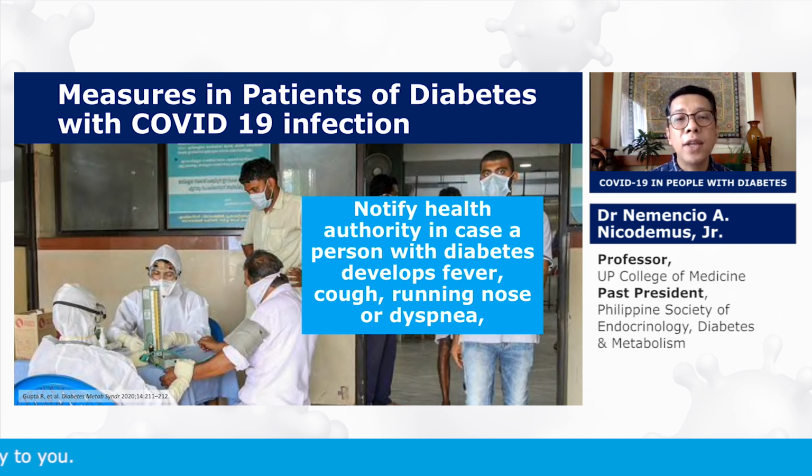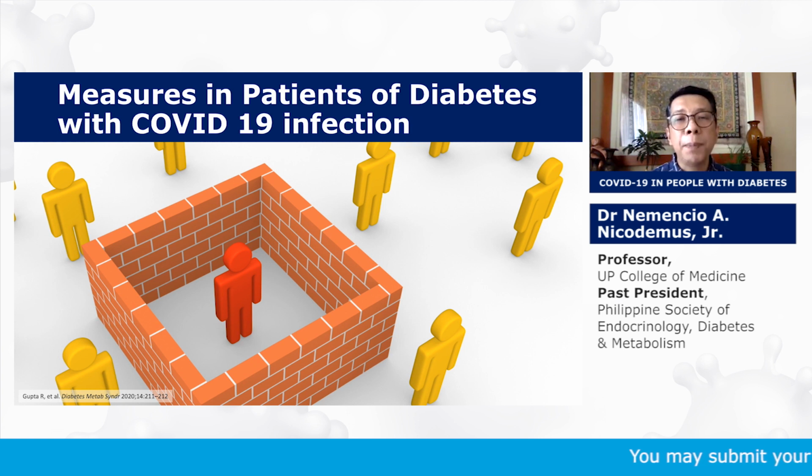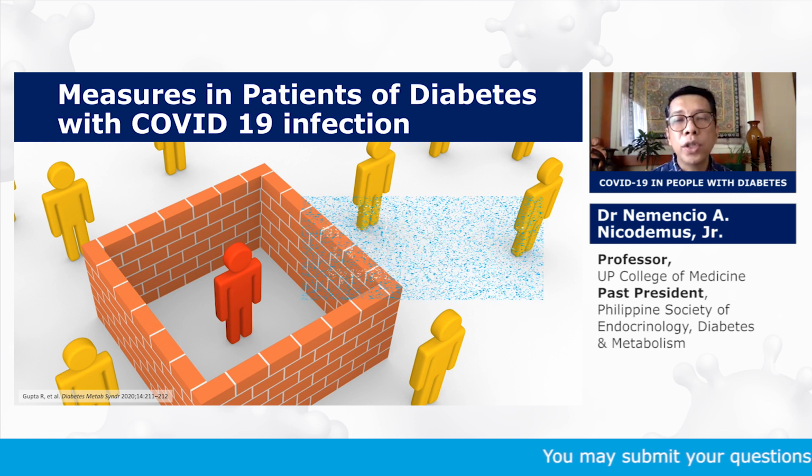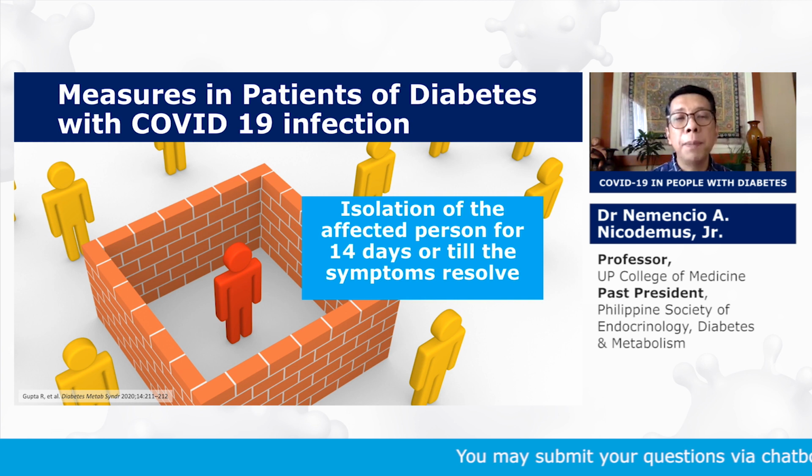As we have said earlier, fever is the most important and the most common symptom of COVID-19. Secondly, people with COVID-19 should isolate themselves from other people in order to prevent infecting other people for about 14 days or until the symptoms resolve.